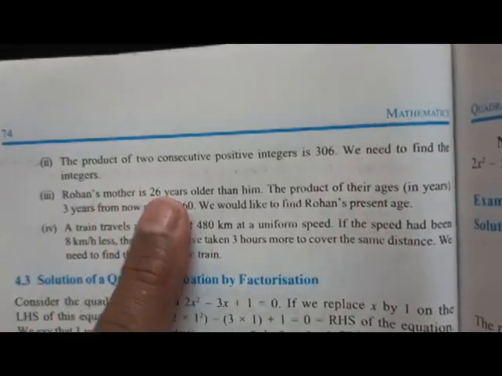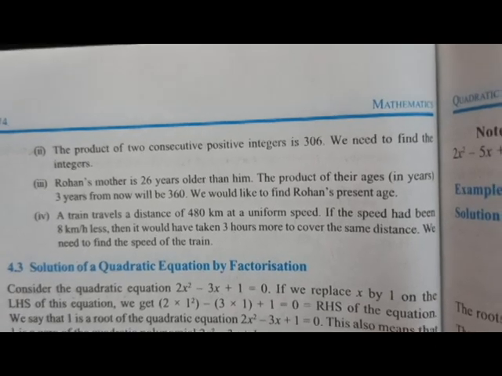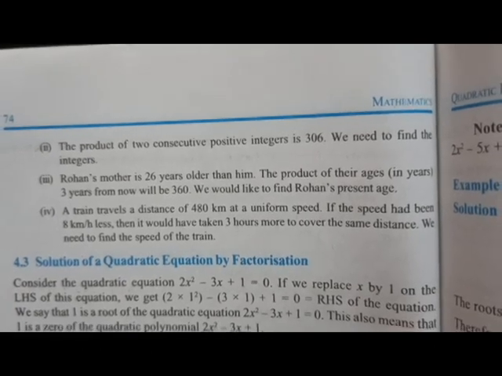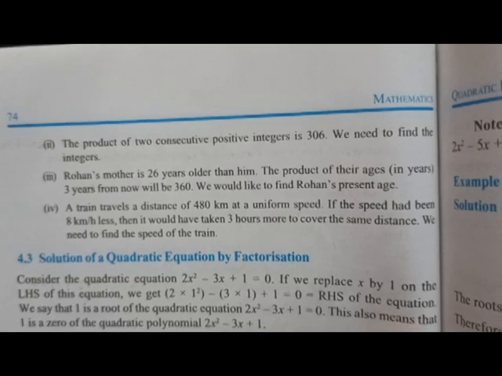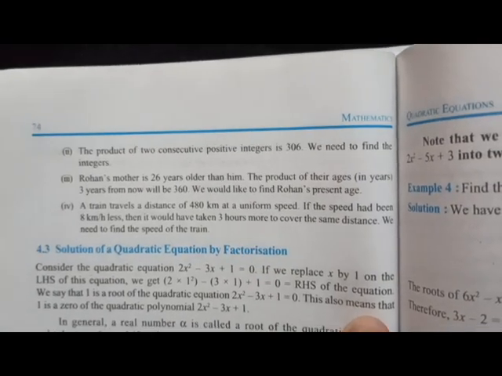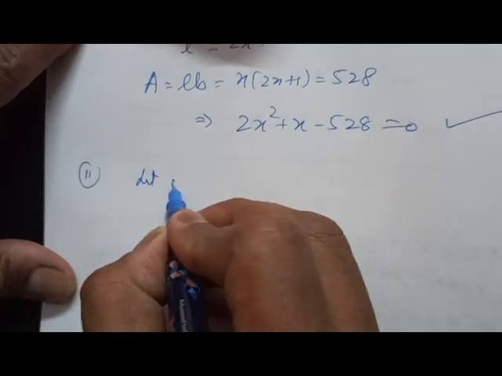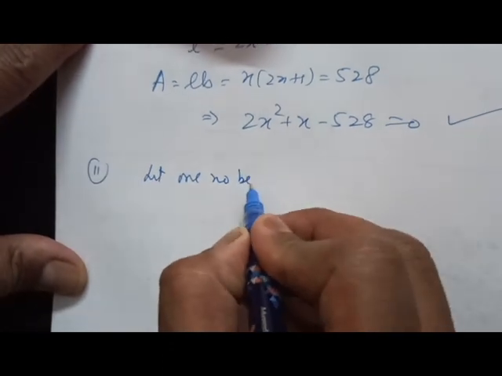The product of two consecutive positive integers is 306. Consecutive positive integers. If I take one of them as x, other becomes x plus 1. So it says the product. So x into x plus 1 will be 306. That's a very simple part. So let one number be x.